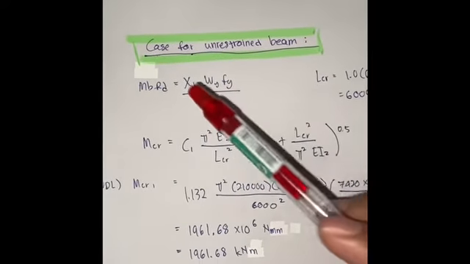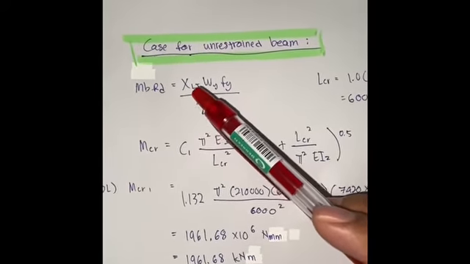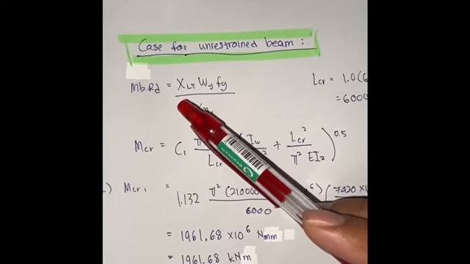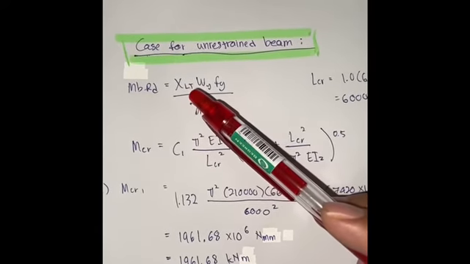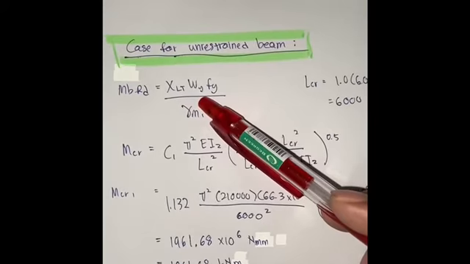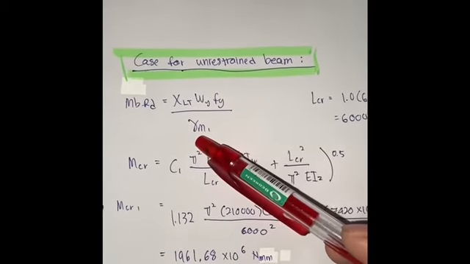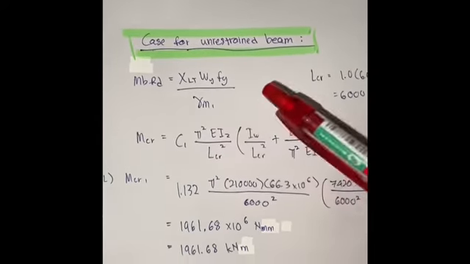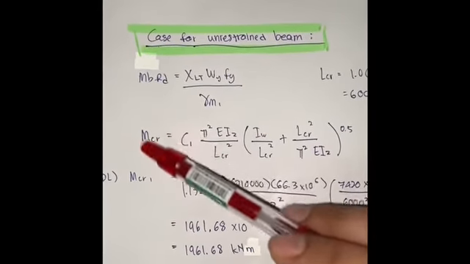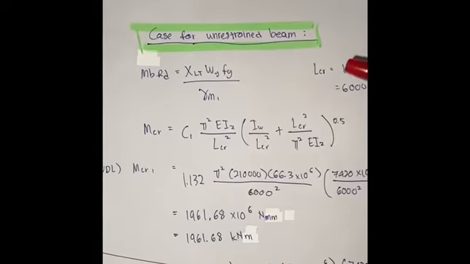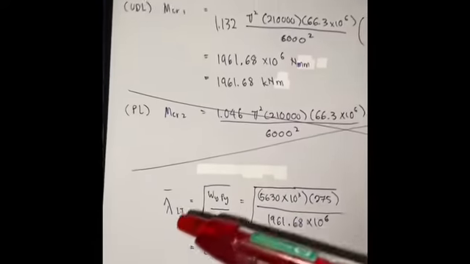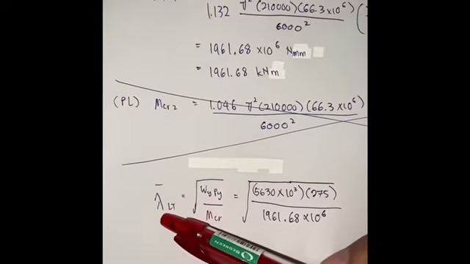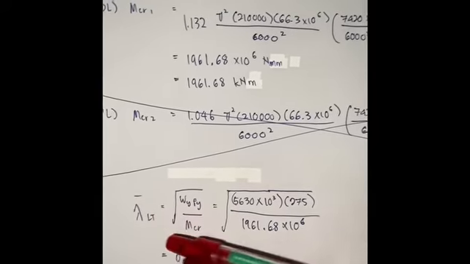So the parameters in the equation are the reduction factor for lateral torsional buckling, WY, FY, and M1. So first we must find the MCR, because the MCR is the parameter to find the lambda LT.